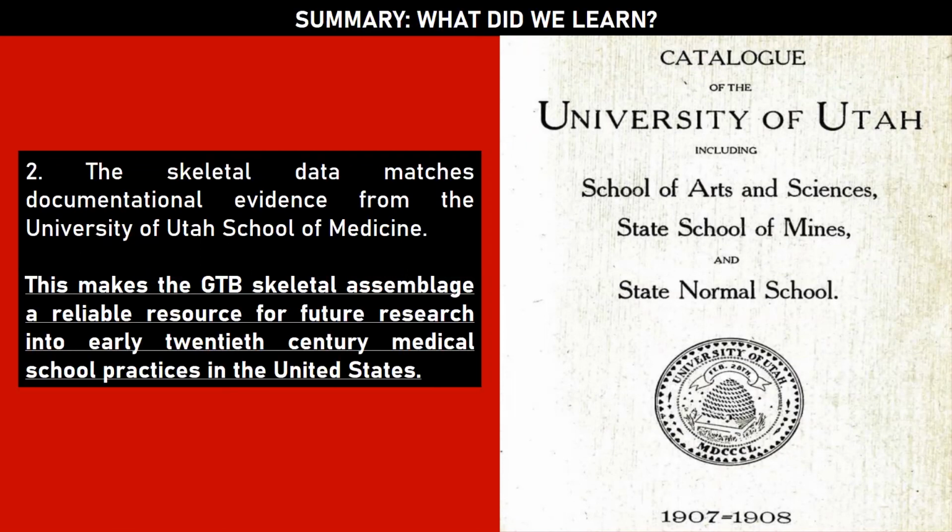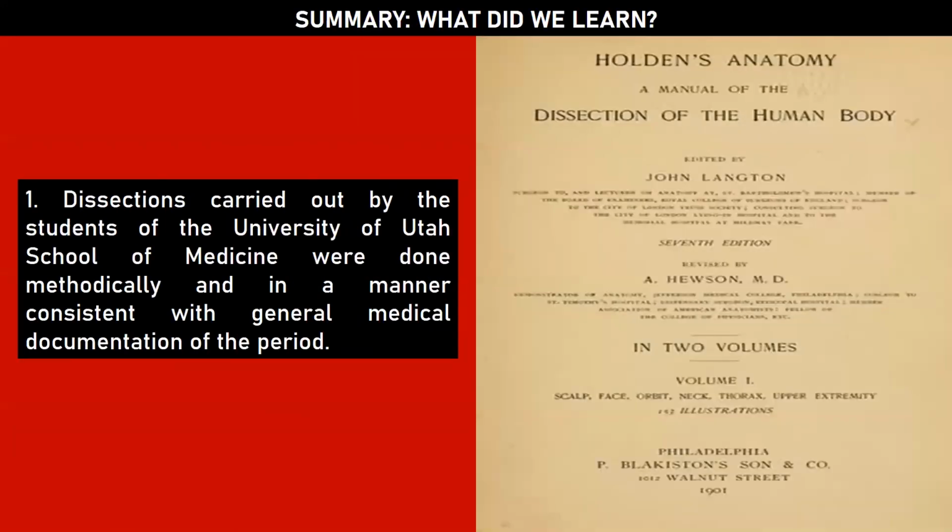It does not always occur, which creates some issues in interpreting history. But since this is not the case for this assemblage, it adds strength and conviction to the interpretations we can make about the history of the University of Utah School of Medicine during this particular period. And in turn, it makes the George Thomas Building skeletal assemblage a reliable resource for future research into early 20th century medical school practices in the United States.